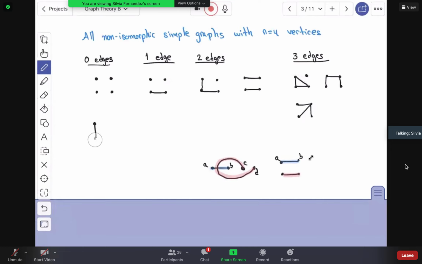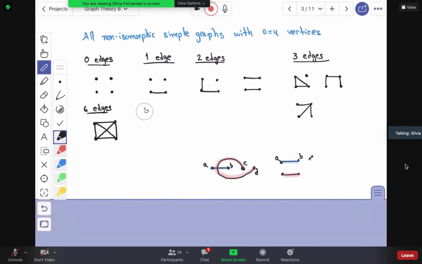See this one is the complement of that one. This one has 6 edges. This one is the complement of that one. So any graph with 6 edges has a complement with 0 edges. And I already know all the ones that have 0 edges. So there's one for each. So I know that there's only going to be one with six edges.